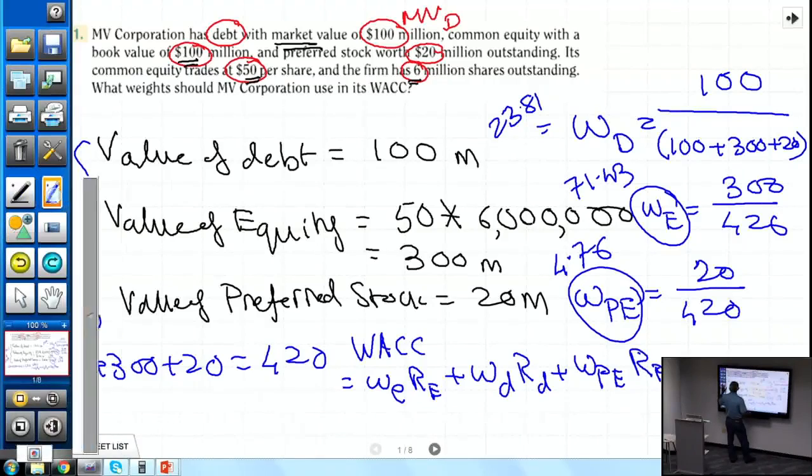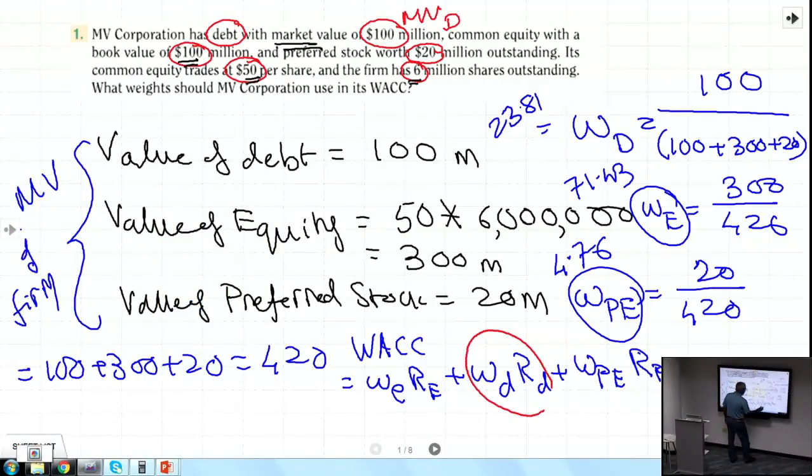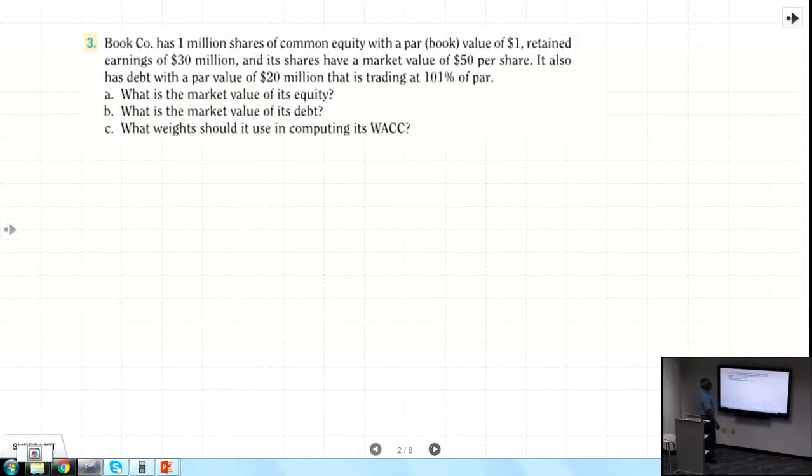We have to be cognizant of one thing, whether we are factoring in the impact of taxes or not in our debt calculation. This formula holds as long as we are not paying taxes. If we are paying taxes, then this formula would be WD-RD times 1 minus the tax rate. So depending upon whether we are paying taxes or not paying taxes will dictate ultimately the weighted average cost of capital.